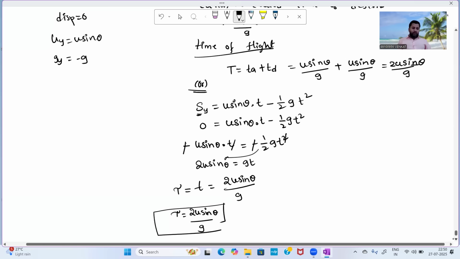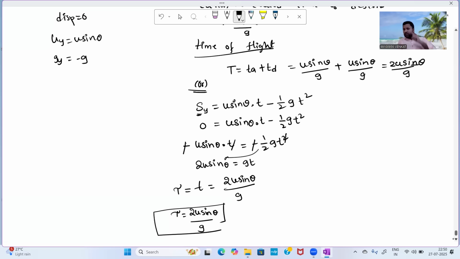So time of flight means the time taken from the projection point to striking the ground. During the time of flight, there are some points we need to remember.